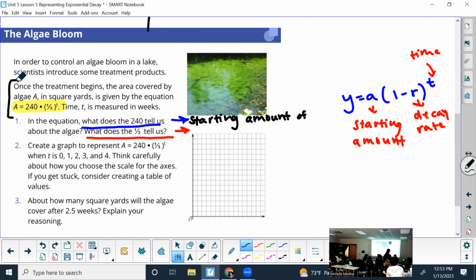Starting amount of what? Good, thank you. That's it.